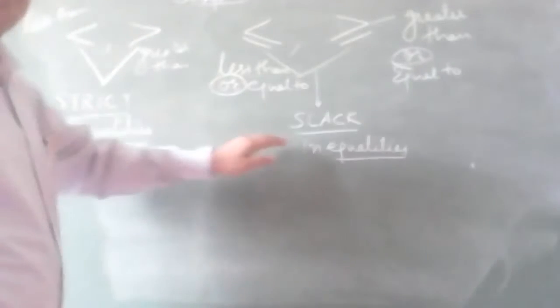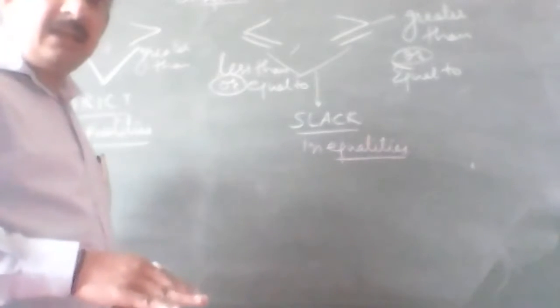What do we mean by these words? यहाँ strict है, यहाँ slack है. Slack का मीनिंग क्या होता है? जिसमें फ्रीडम दी गई है.